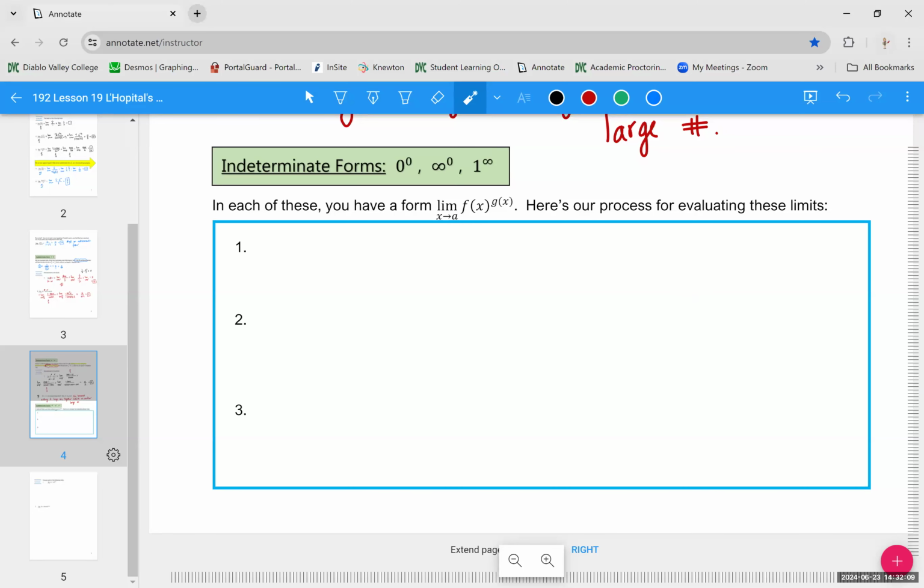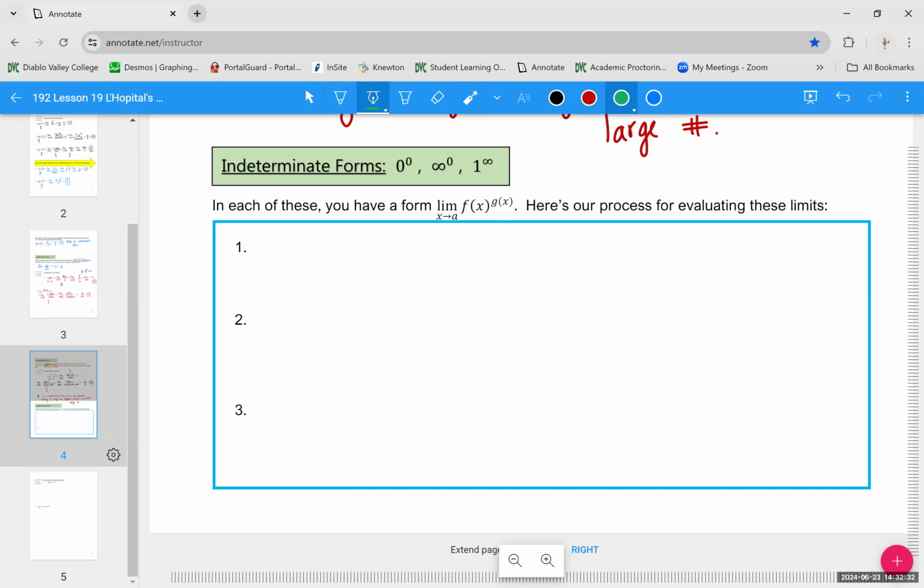So here's our process. What we're going to need to do is, if we're taking the limit as x approaches a of f of x to the g of x, so that g of x is the exponent, we need to get the g of x out of the exponent. What technique do you know for getting something out of an exponent? An ln, right? You're going to take an ln and then apply rules of logs.